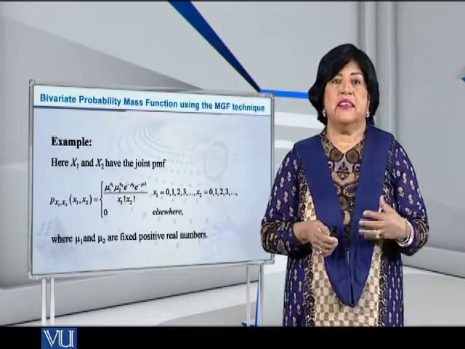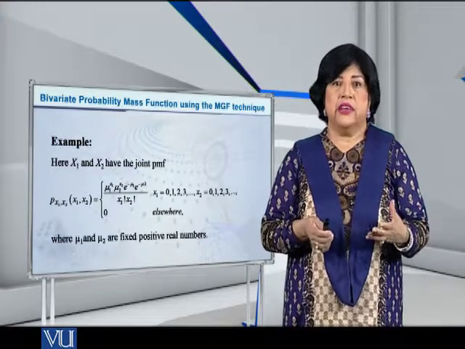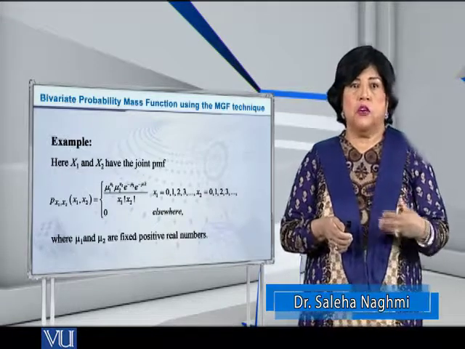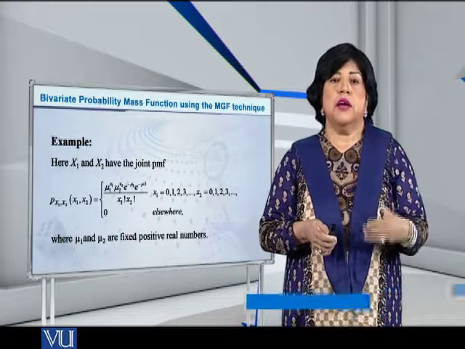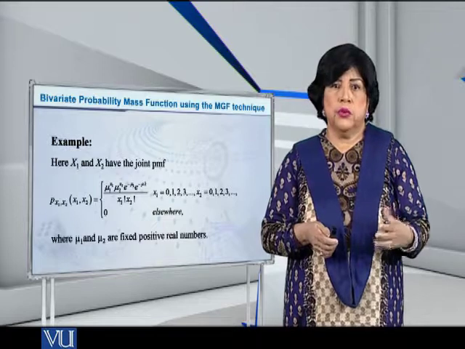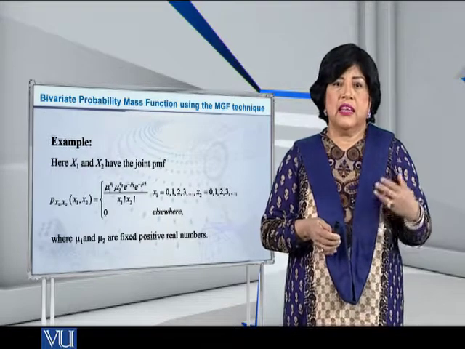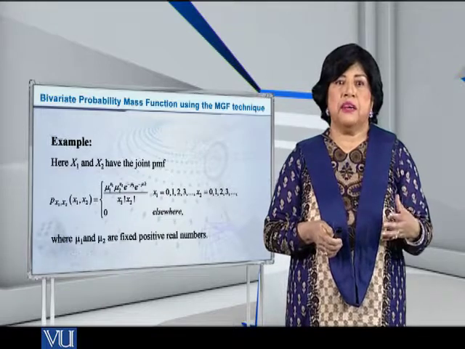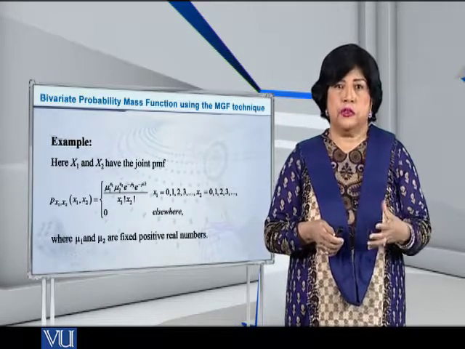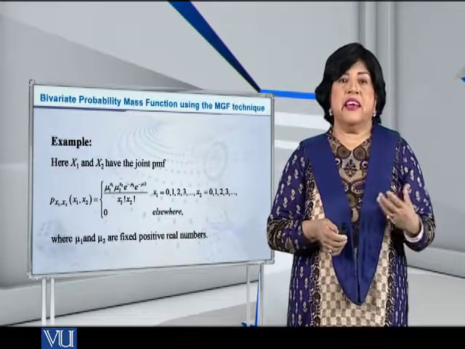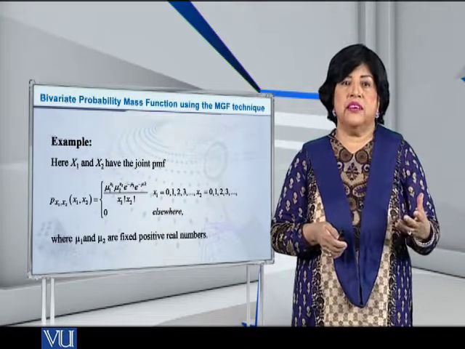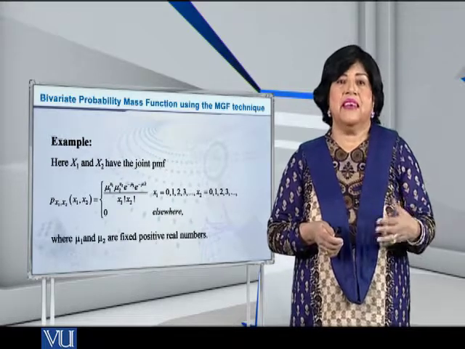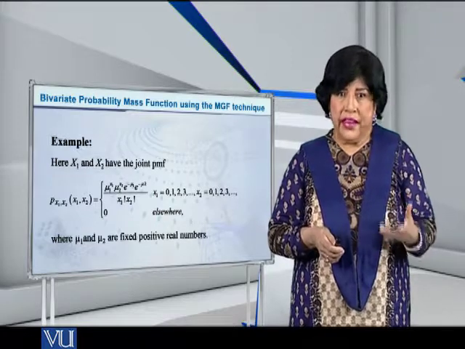Let x1 and x2 be discrete random variables and let them have the joint PMF p of x1, x2 equal to mu1 raised to x1 into mu2 raised to x2 into e raised to minus mu1 into e raised to minus mu2 over x1 factorial into x2 factorial, where x1 takes on the values 0, 1, 2, 3, and so on, and x2 also takes on the same values, and the PMF is equal to 0 elsewhere.